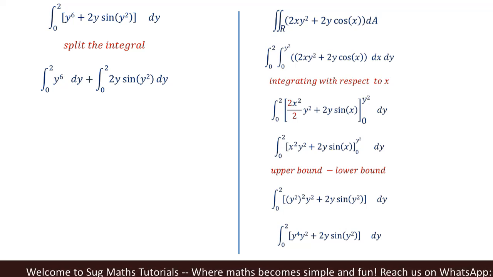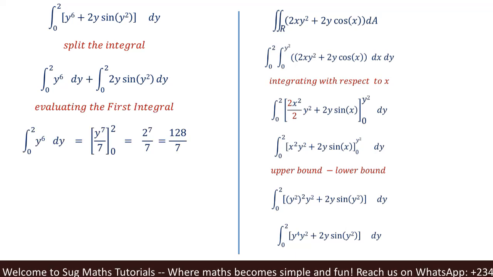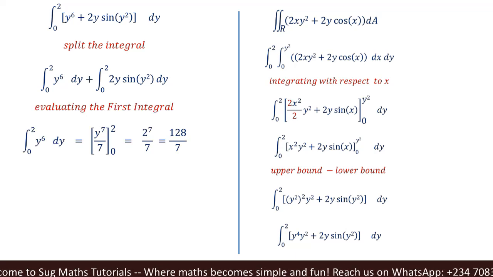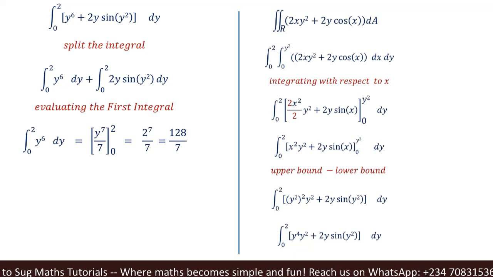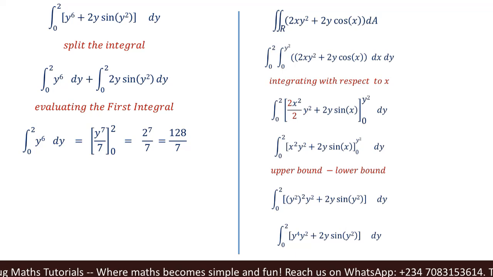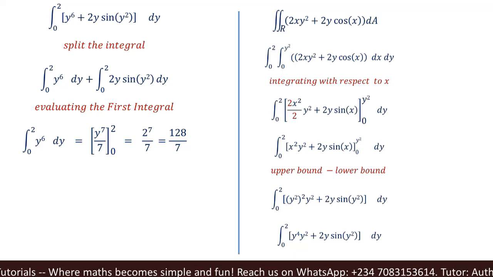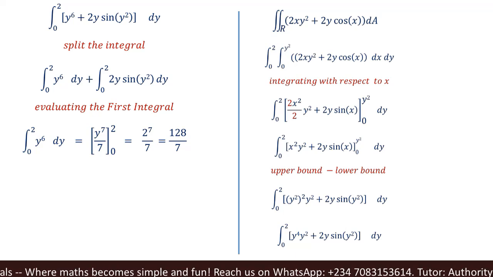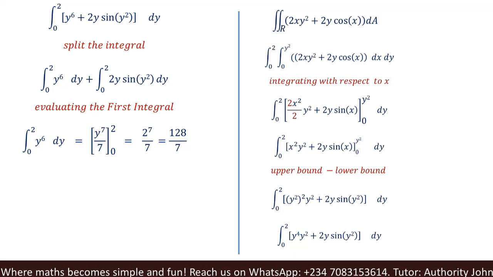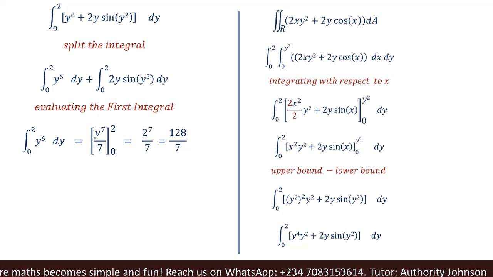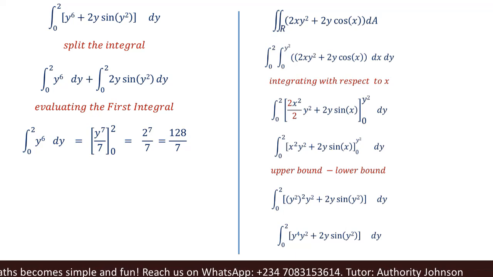Now taking the first integral and evaluating, we are going to evaluate the integral from 0 to 2 of y to the power of 6 dy. When we integrate y raised to the power of 6 with respect to y, we are going to have y raised to the power of 7 all over 7 over the boundary 0 to 2.